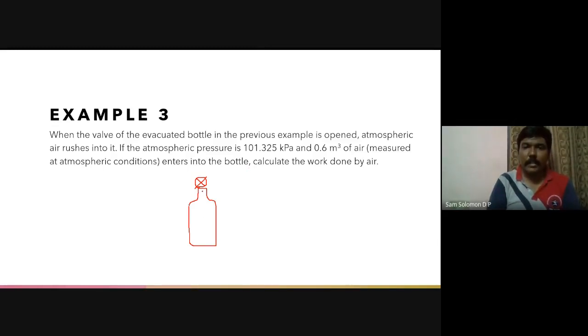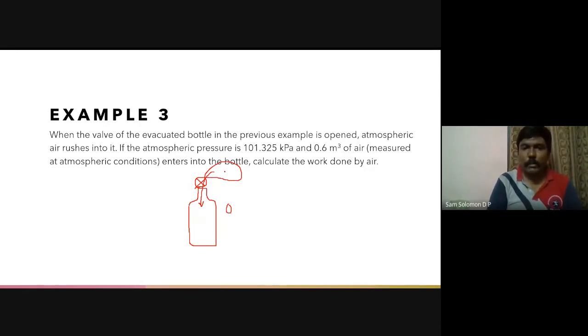Initially there is no air inside here. It is an empty space. Now I just open this valve so that air rushes into this bottle, and they are saying the air that is entering in is 0.6 meter cube.